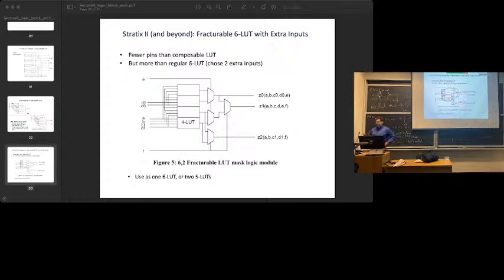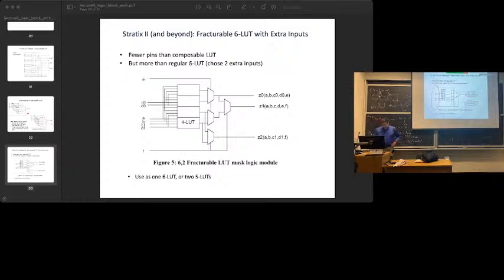So they can use this as 2 5 LUTs, or they can use it as a 6 LUT by coming out here. They've added an extra output as well, because if you look at the routing fabric, they do some reuse of their output ports. So they still only add 1 extra output port. Instead of having only 6 inputs, though, they add a couple of extra inputs. So they make 8 inputs.